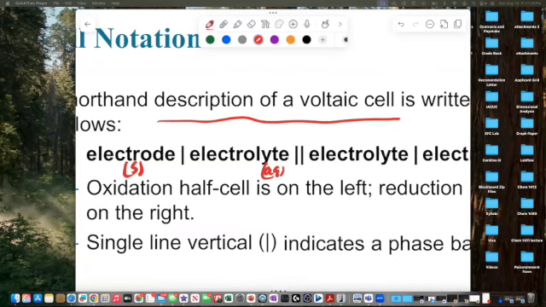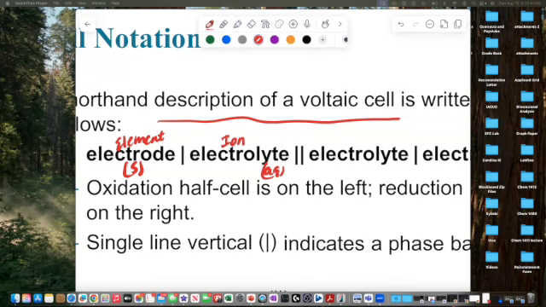So you put the elemental symbol of the electrode, and of course you want to put its physical state. You put the ion symbol of the electrolyte. Don't put the whole compound, if it's copper sulfate, just put the ion that is important in our reaction.